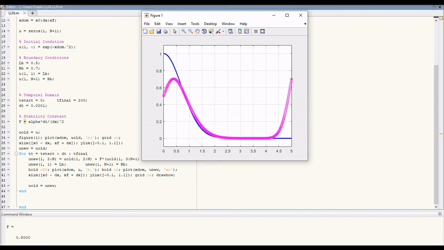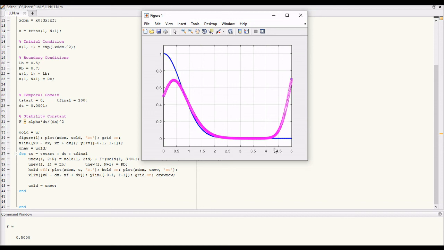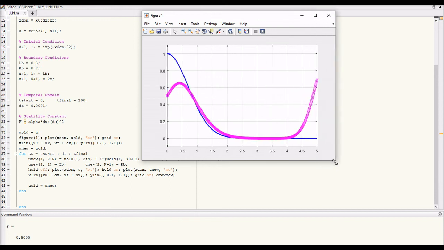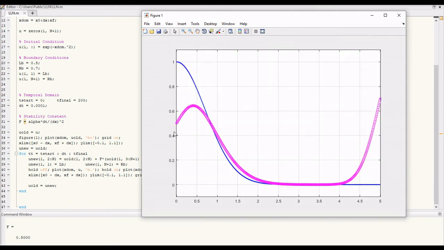As we see, our diffusion equation has our initial solution, which I'm graphing in blue, and it's converging to some curve that connects the boundary values of this particular spatial domain. Let me fast forward to see what this converges to.